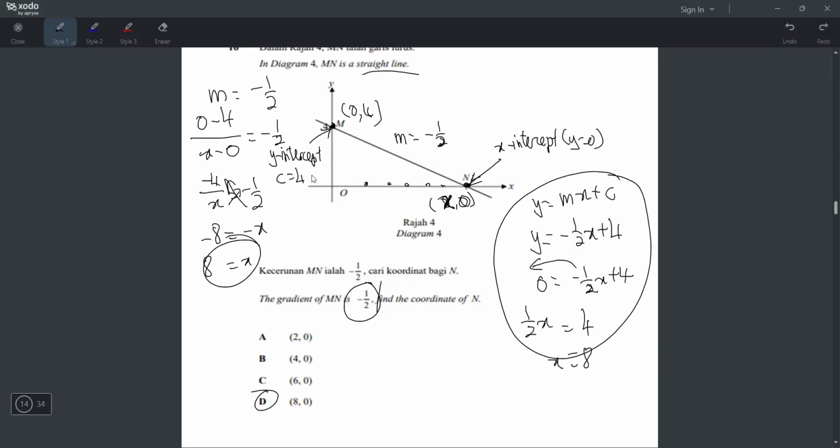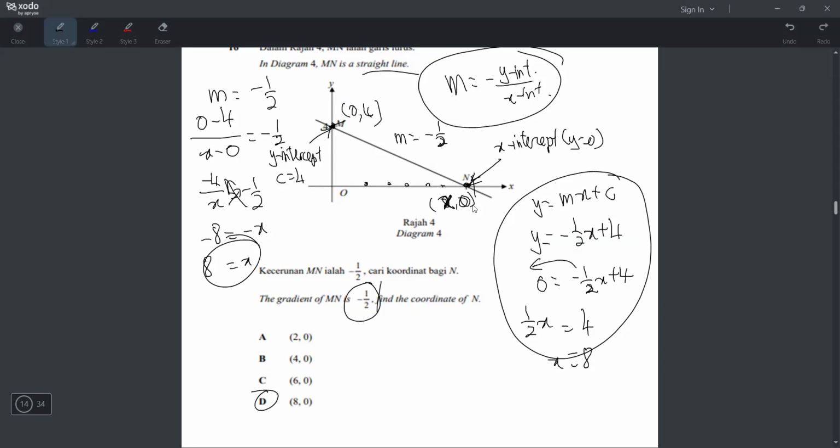Or maybe some smart students will say, hey sir, what if I use the second gradient formula, negative y-intercept over x-intercept? Can also. Because this question, coincidentally, gives you the y-intercept and you are finding the x-intercept. So yes, can.